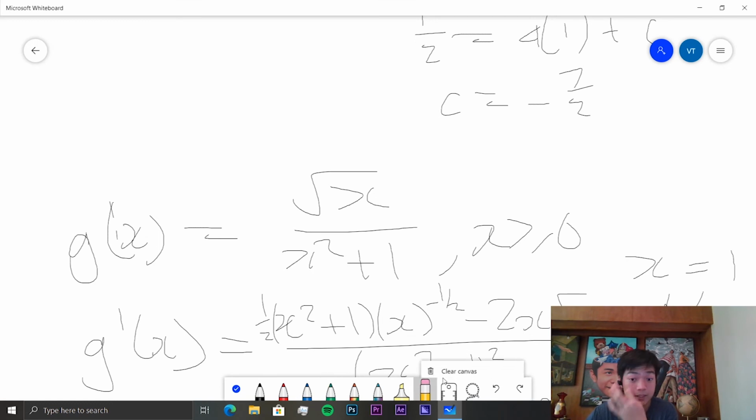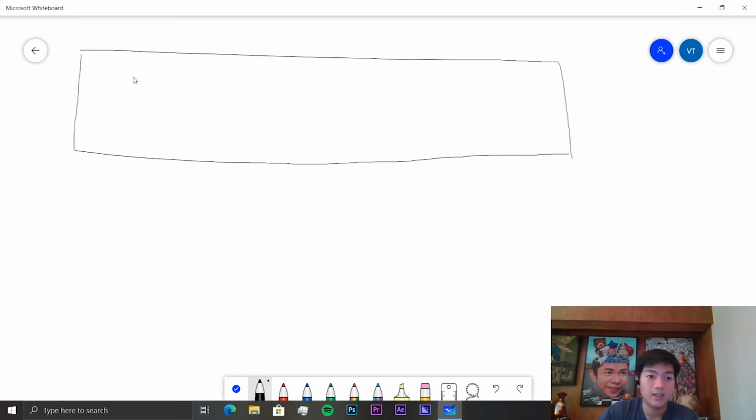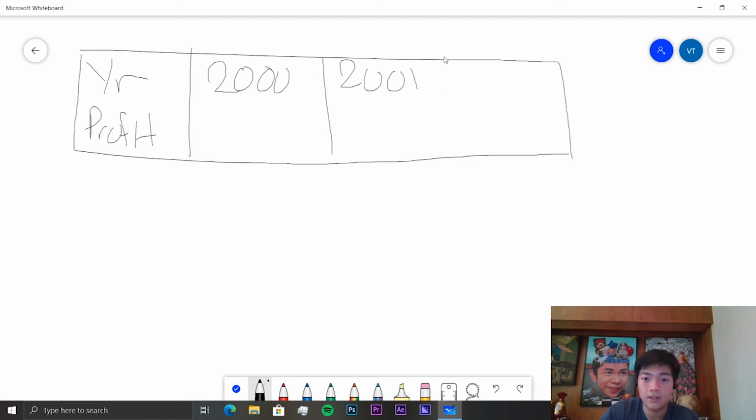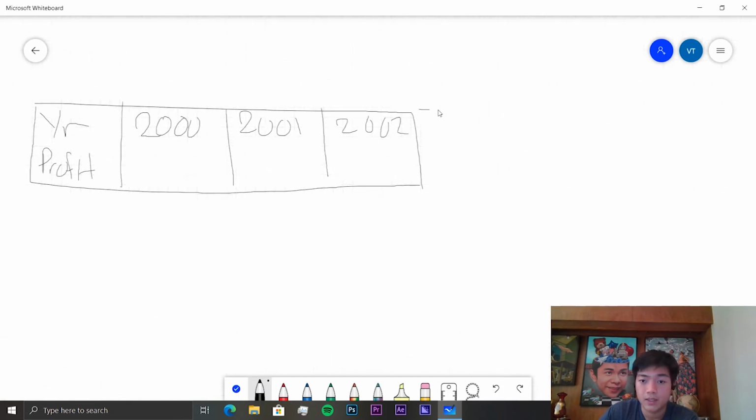The next question is asking us to consider some profits. So we have a table with year and profit. The first column is 2000, then 2001, then 2002, then, oh, it's a long table, 2003, and 2004.